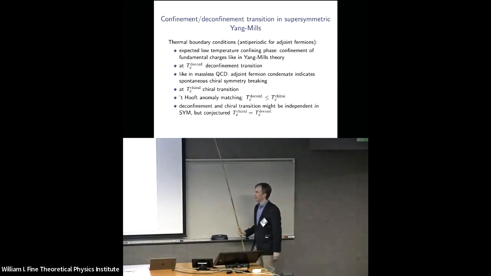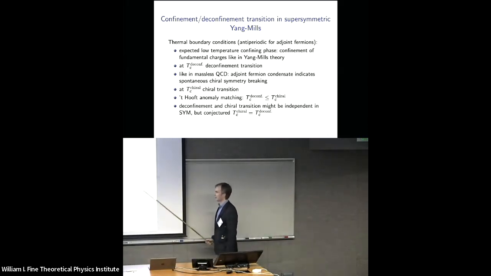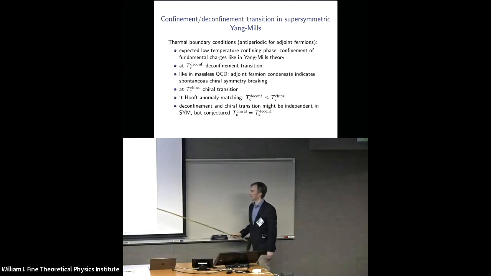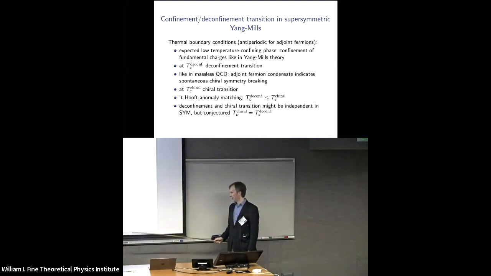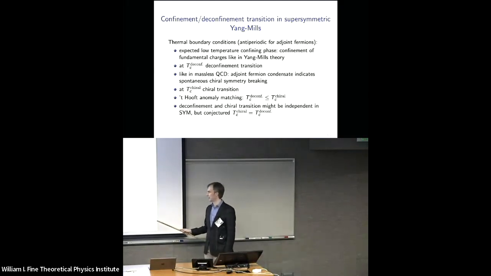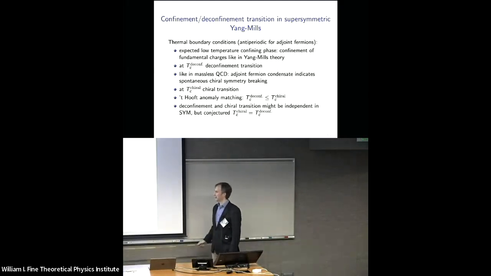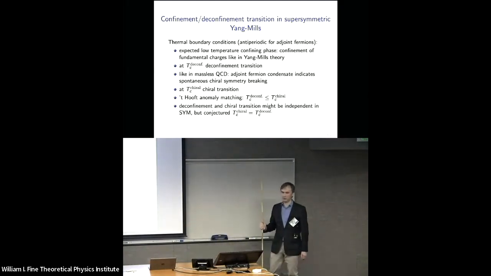There are calculations and considerations of 't Hooft anomaly matching, and these give a bound for these transitions, namely that the chiral transition should be above the deconfinement transition. Usually in some papers for supersymmetric Yang-Mills theory, they are considered to be the same, but there is no proof of this.